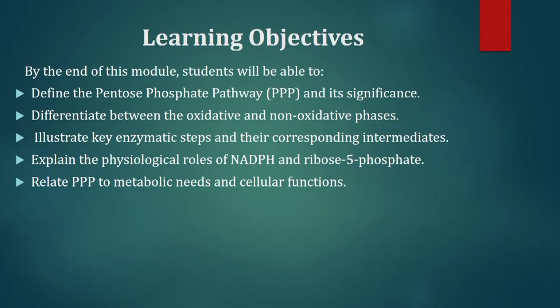That means when the cells need this pathway for different functions, for example, your cells have a lot of functions like cell to cell communication. Various biochemical processes take place which need energy, and that comes from the metabolic pathways. So those are your learning objectives.